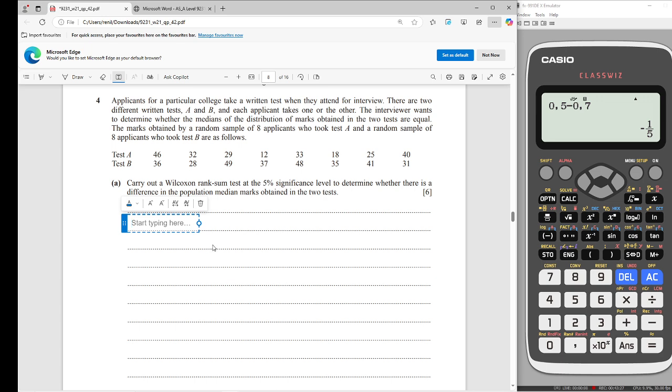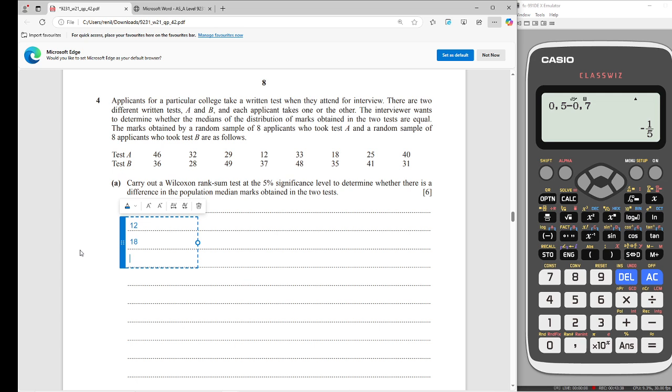We're going to have the lowest value, which is 12, followed by 18, then 25, then 29, 32, 33, 40, and 46.